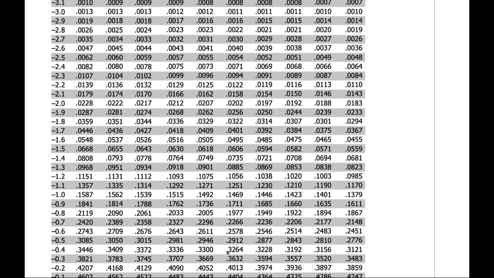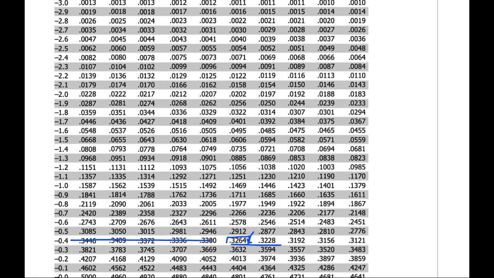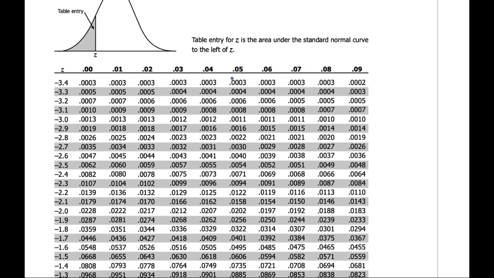We see here 0.3264 and this one 0.3228. 0.3256 is not here, but it is close to 0.3264. Therefore, the Z value corresponding to this number is negative 0.45.